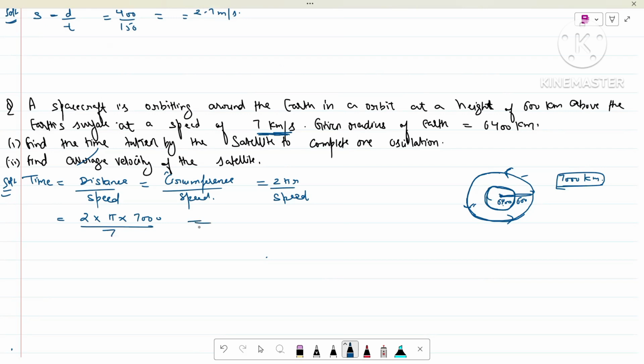In solving this, we will get 2 into pi into 7000 divided by 7. It will come to be 6280 seconds. Now, if you want to convert it into minutes, then you can divide 6280 by 60 and you will get 105 minutes.